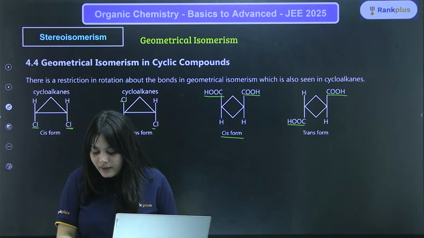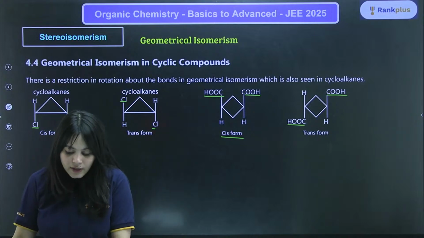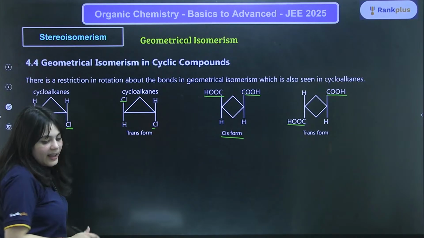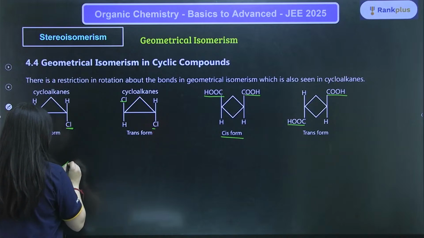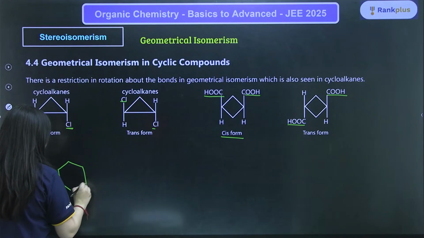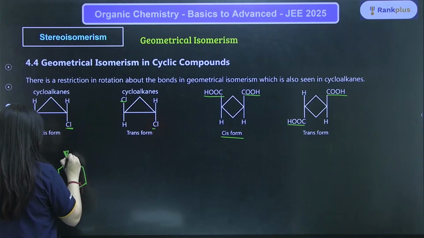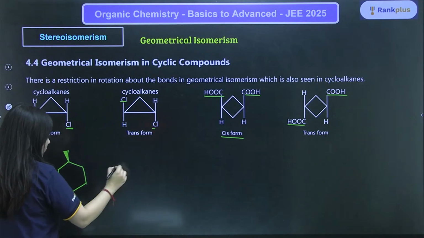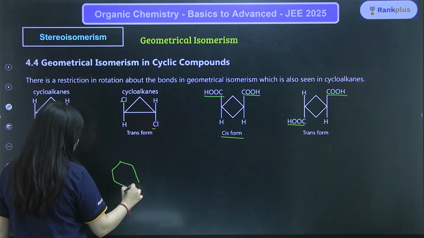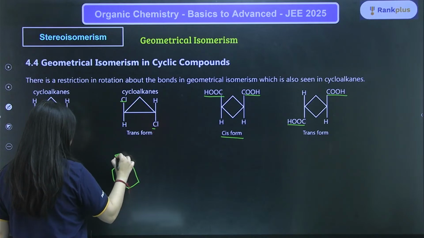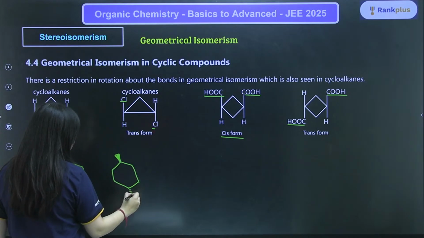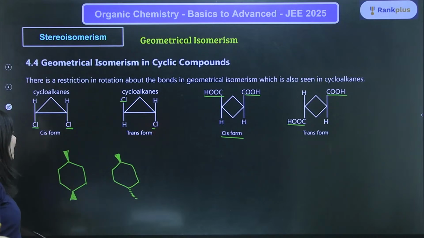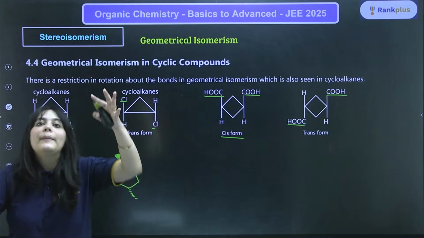Right? And once again, I can form it in another way as well. For example, if I ask you something like this. Here, so what is happening over here? Can you see? The 2 CH3 groups are coming out.